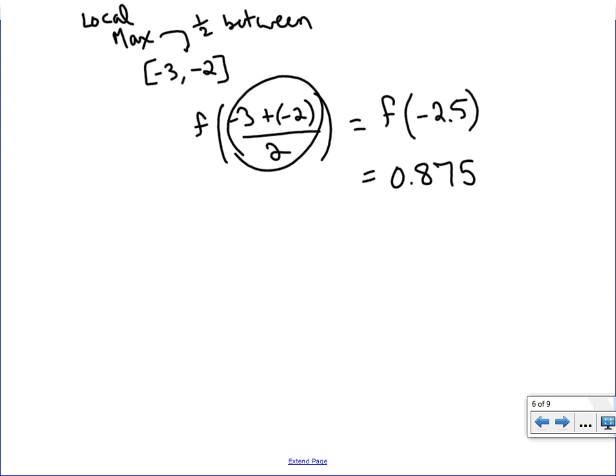That's just simply crunching numbers into my original function, if you like. Negative 2.5 to the power 3 plus, what was my original function? 4 times negative 2.5 squared plus negative 2.5 plus minus 6.